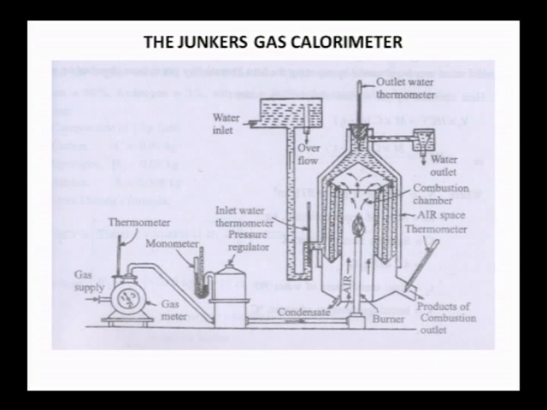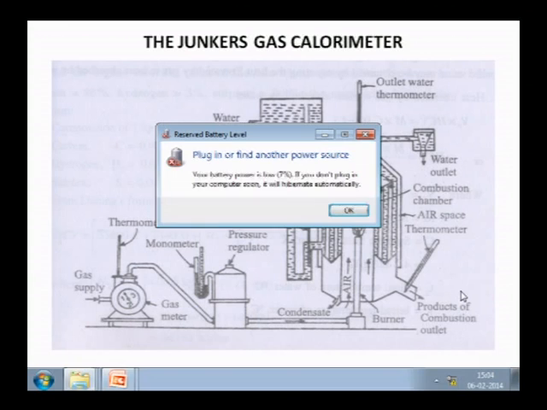There are separate tubes provided for the movement of the gas as well as the water, and there are two places, one is the water inlet, another one is the water exit. Similarly, the gas exit and also the burner combustion chamber, and there are two thermometers, one for inlet water temperature, another for outlet water temperature. This is the complete setup of the Junkers gas calorimeter.